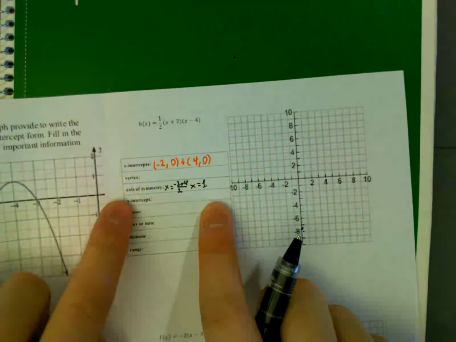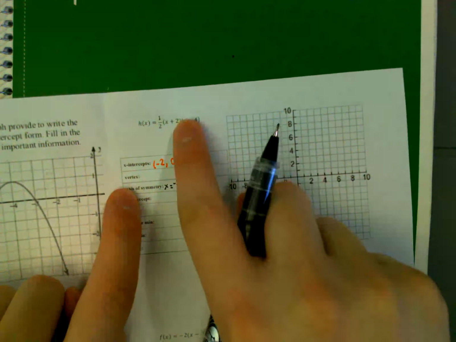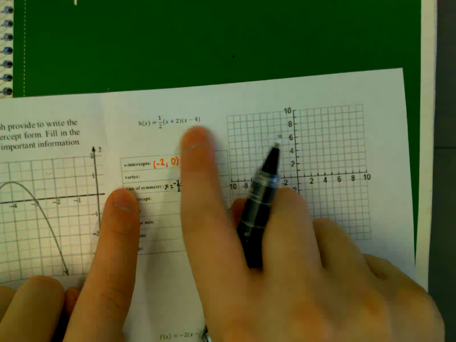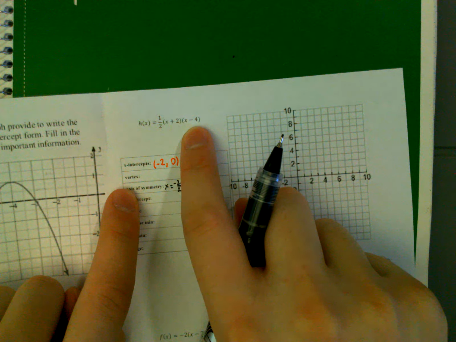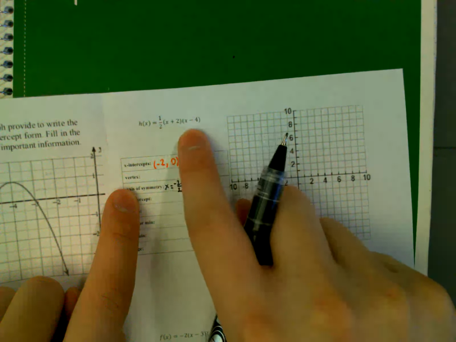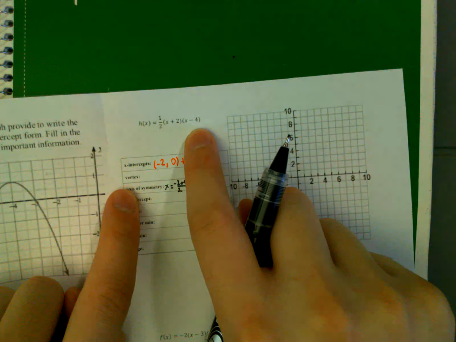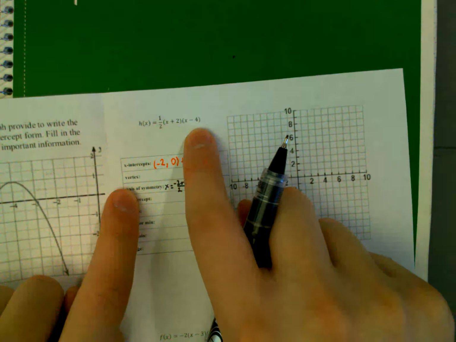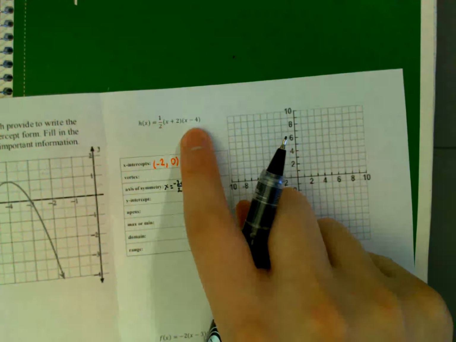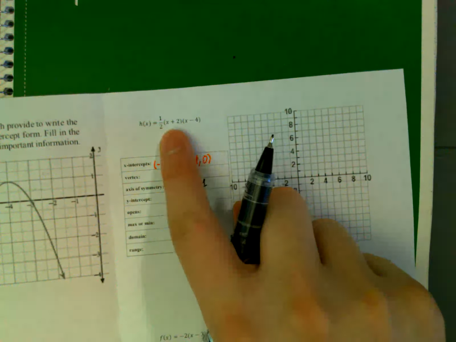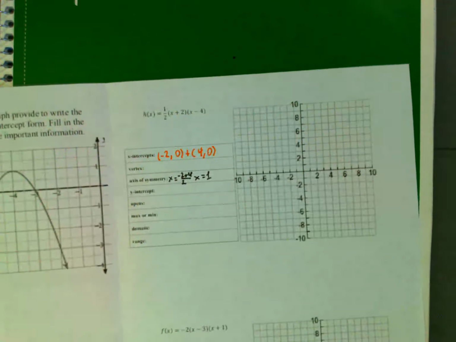If we take 1 to find the vertex, we just plug it back into here. We get 1 plus 2 is 3, 1 minus 4 is -3. So 3 times -3 is going to give me -9. Half of -9 is -4.5.